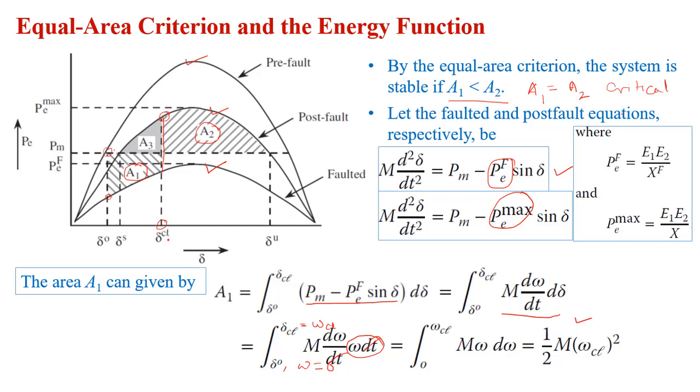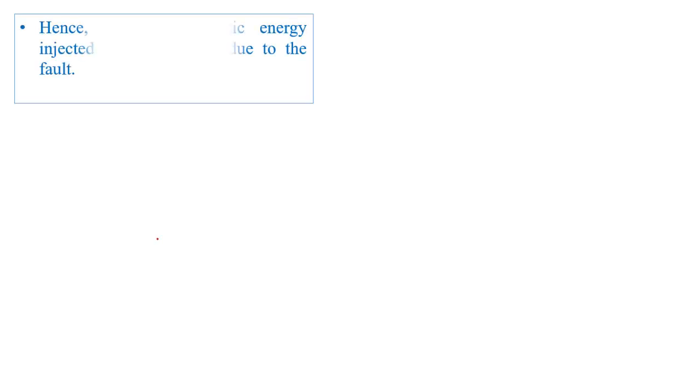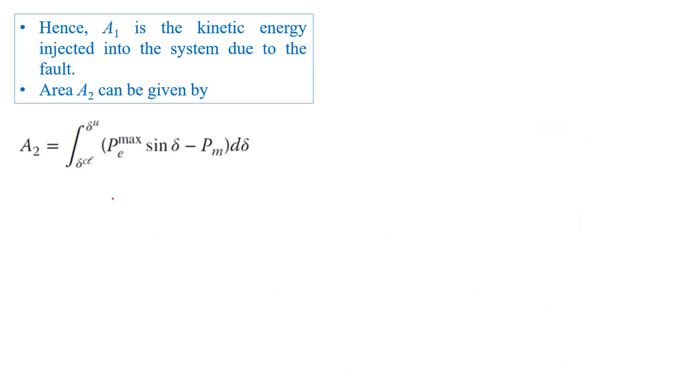So I can write the integration of Pmax sine delta minus PM, from delta CL to delta U. This is the post-fault electrical power output minus PM mechanical power, and it is integrated with respect to d delta.